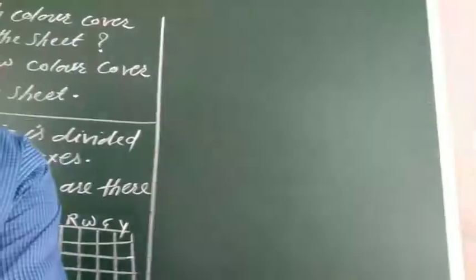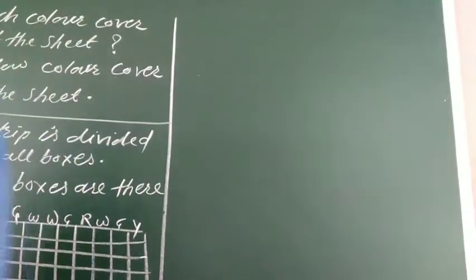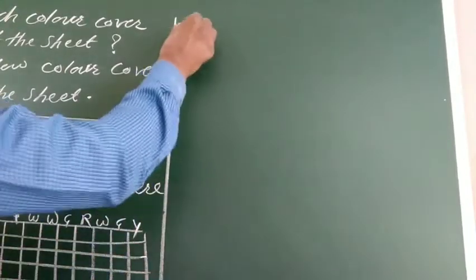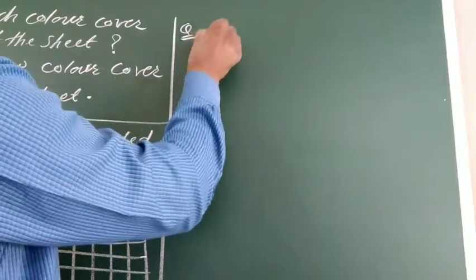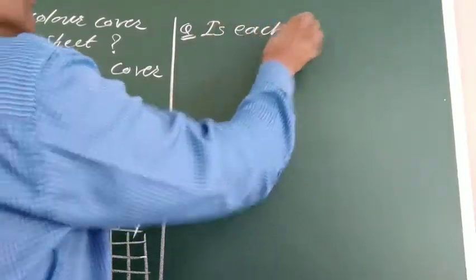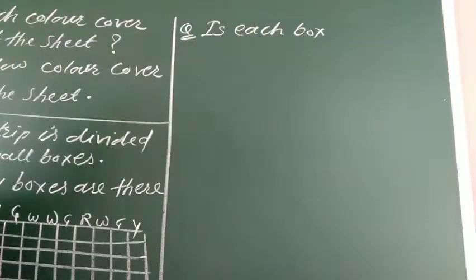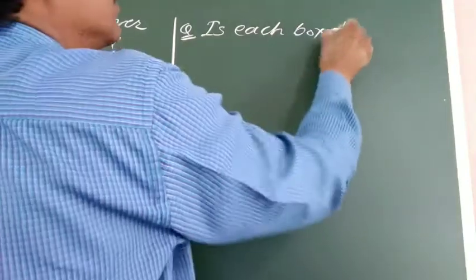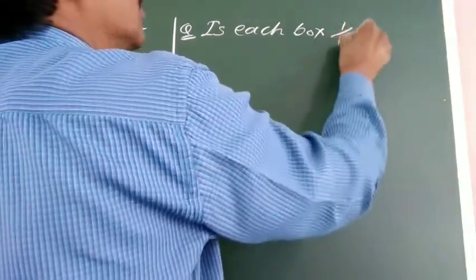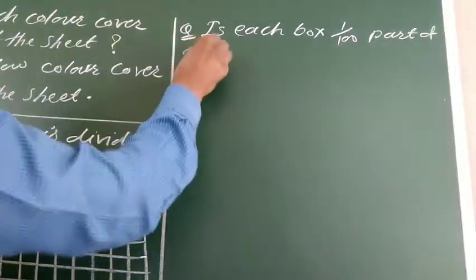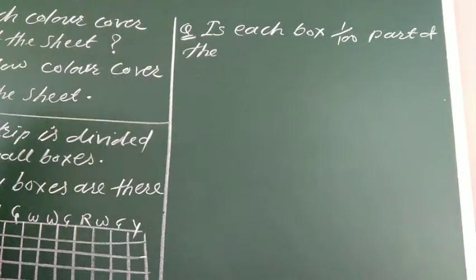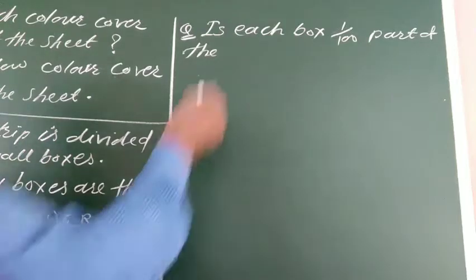Next number देखिए. Next number. See, question. Is each box 1 by 100 part of the sheet?